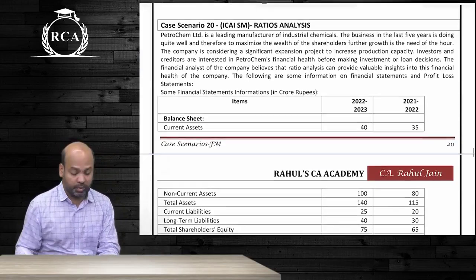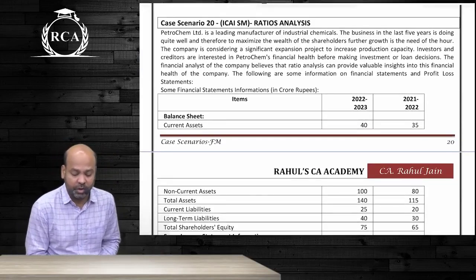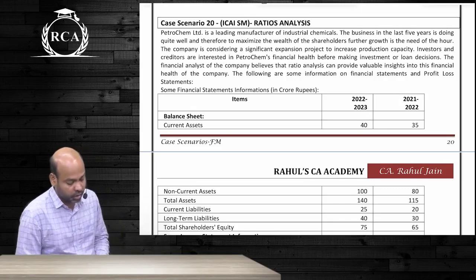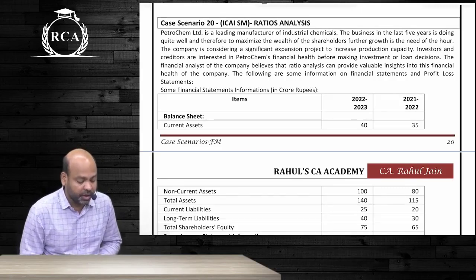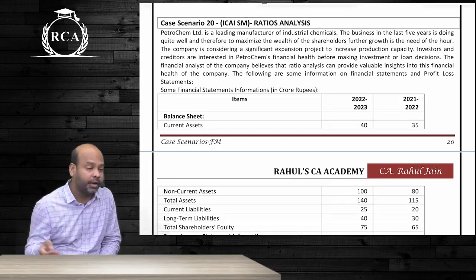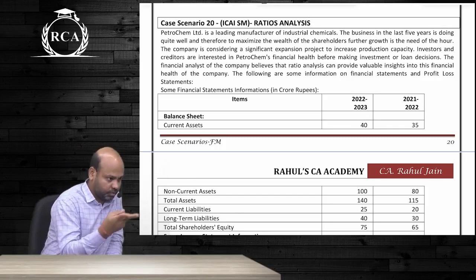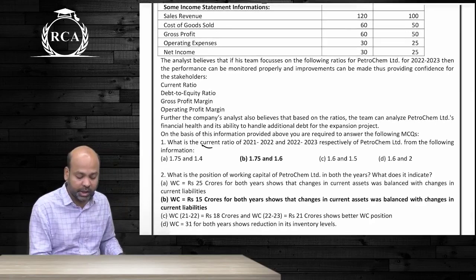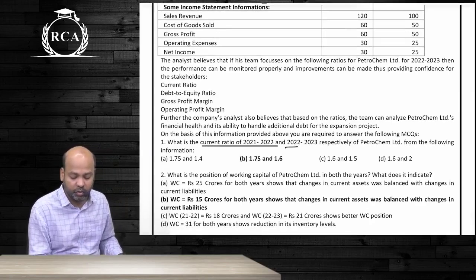Question number 20 beta. They've given us balance sheets for 2 years guys, 2022-23 and 2021-22. Just be careful guys, and the requirements guys, they've asked 21-22 first and then asked 22-23, all the bits guys, और कुछ नहीं है. They're asking us to compute current ratio of 2021-22, 22-23 guys.